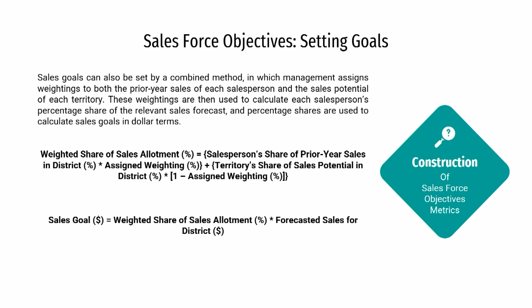So, you can have a look at this formula. Weighted share of sales allotment is equal to salesperson's share of prior year sales in the district multiplied by assigned weighting. Let us say if I am giving a weightage of 60% to the prior year sales percentage, this value will be 0.6.